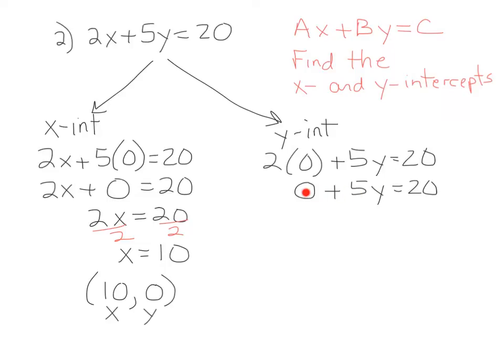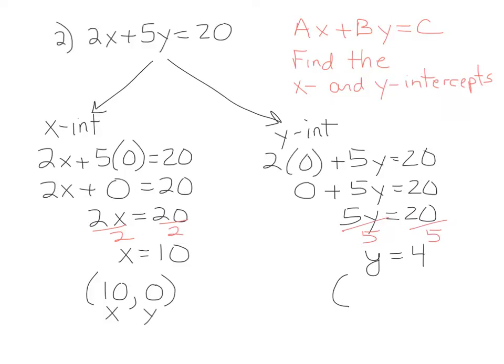What's 0 plus 5y? If you have nothing and you add 5y, then you have 5y. Then divide both sides of the equal sign by 5, and you get y equals 4. That gives you the y-intercept.